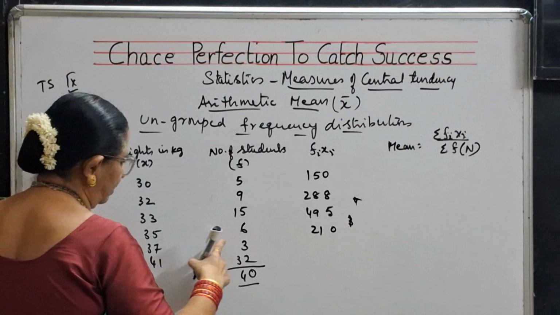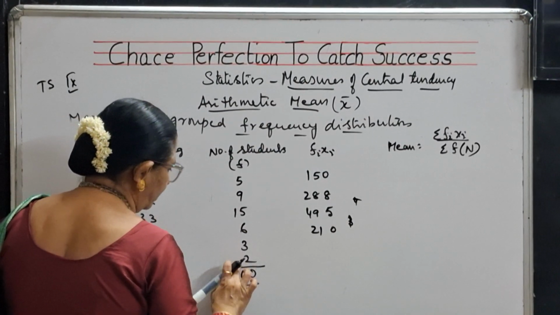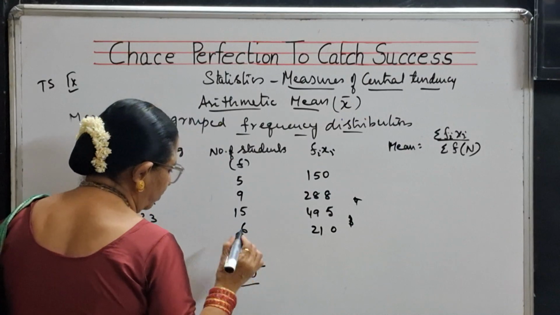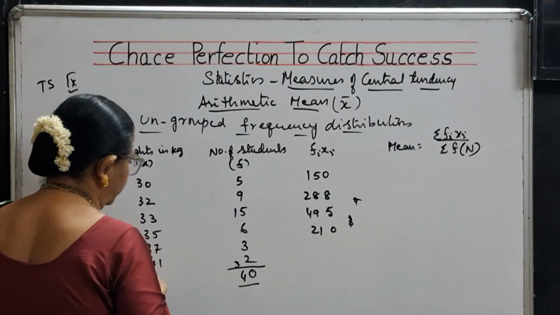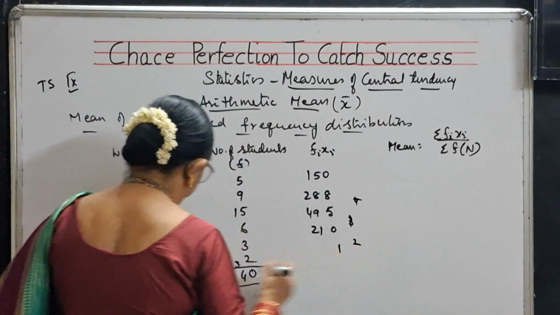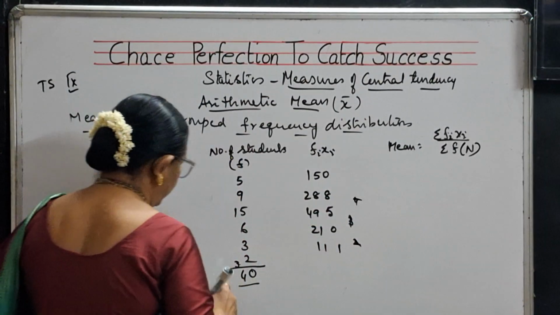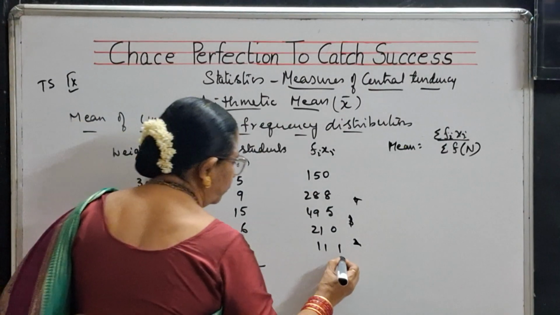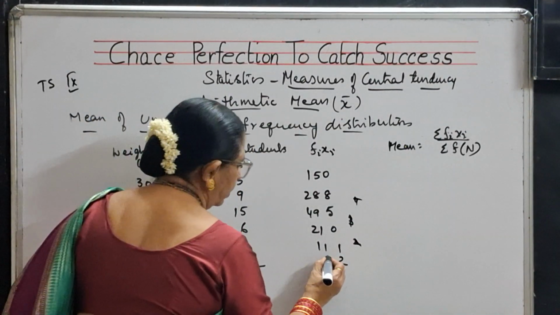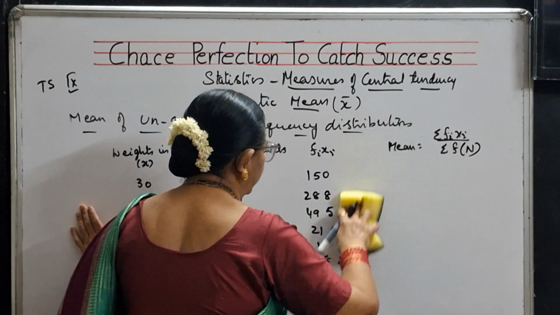Next, 37 into 3. This 3 is a carryover I have written, children. This is not 32. 37 into 3. 3 sevens are 21. 3 threes are 9, 11. And 2 into 41. 2 ones are 2, 2 fours are 8. So this is about the product of fi xi.